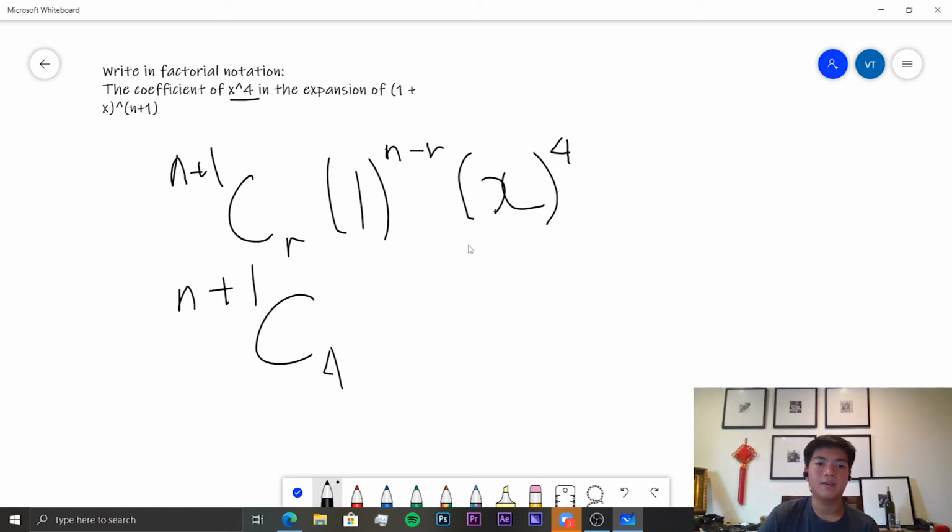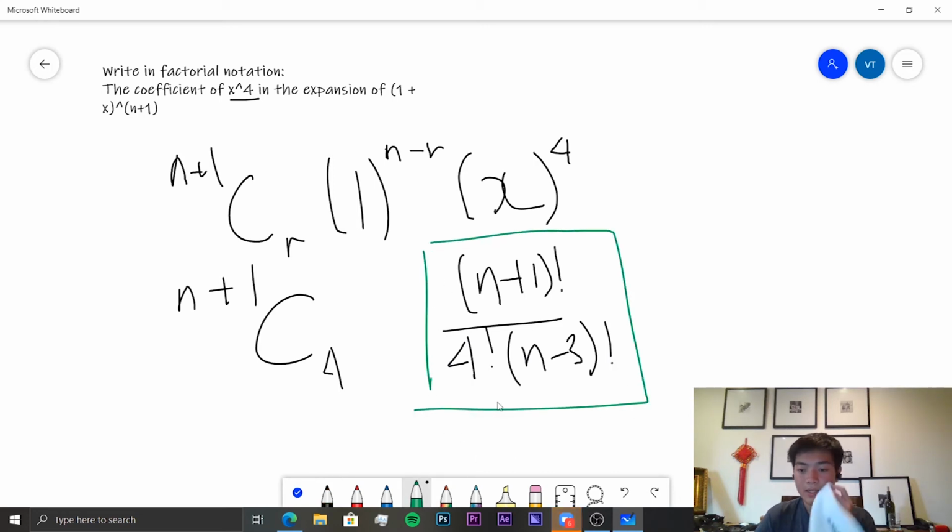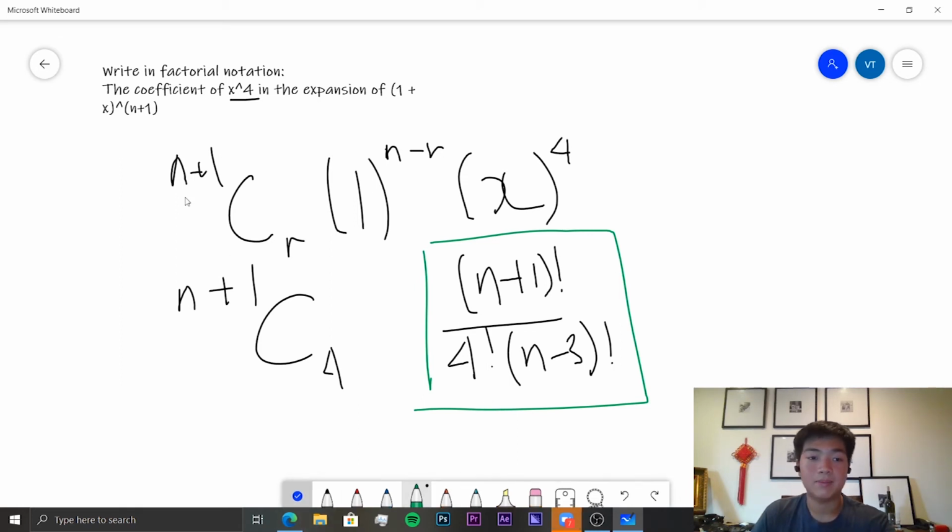And we need to write it in factorial notation, so that would be n plus 1 factorial divided by 4 factorial, and then n plus 1 minus 4, n minus 3 factorial. So this would be the factorial notation.